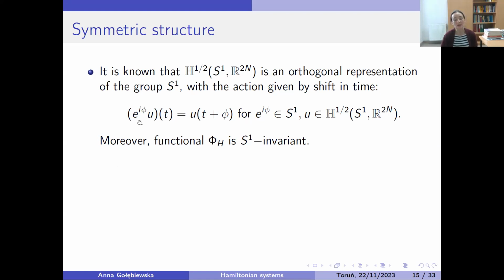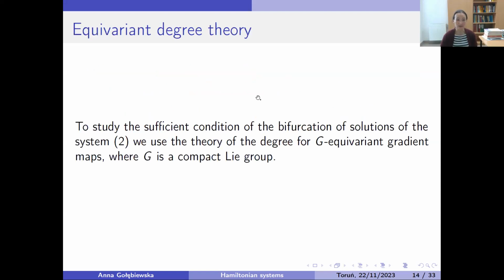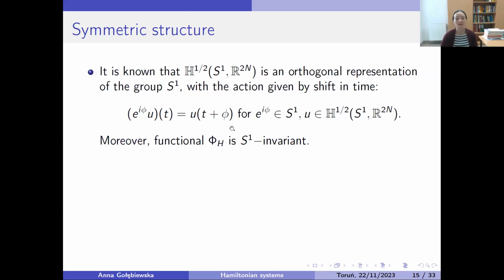So we can consider the action of the group S1, and an element of S1 acts on the function u just by shift in time, changing the time by the angle phi. So in fact, each periodic solution gives us a whole family of periodic solutions, just by choosing different initial conditions.